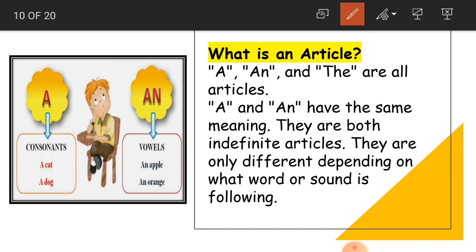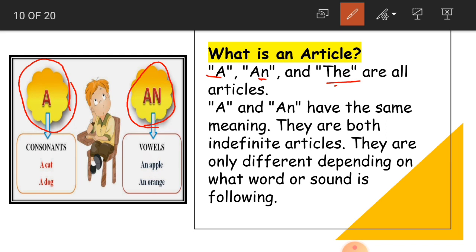Now the last one we said we need is articles. We need to place the articles in a proper place, and that is why articles are very important when we speak English. A, an and the, these three are called articles. A is used when we are addressing consonants, and when we are addressing vowels, we use an.